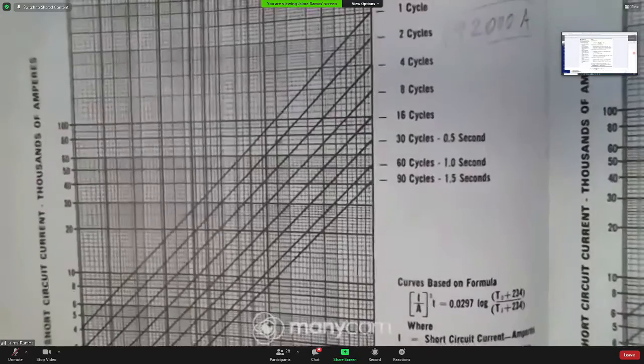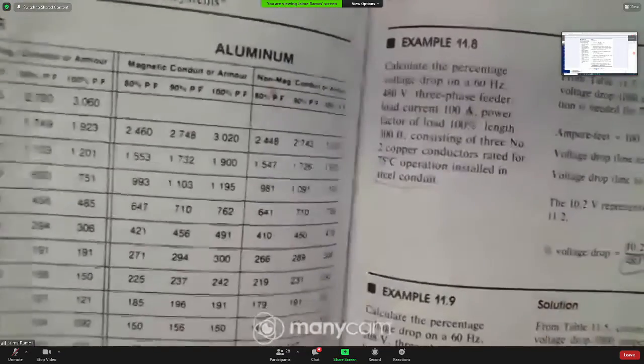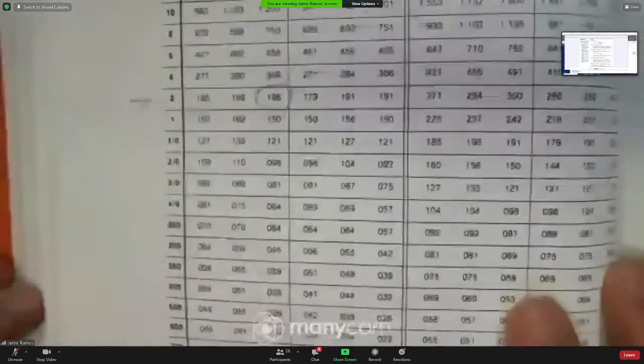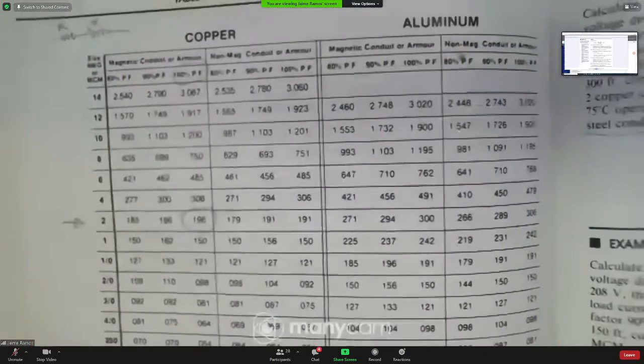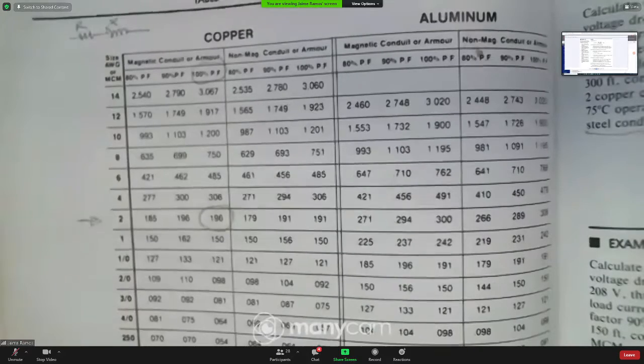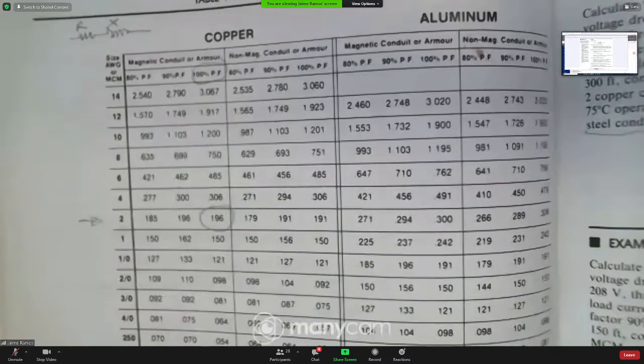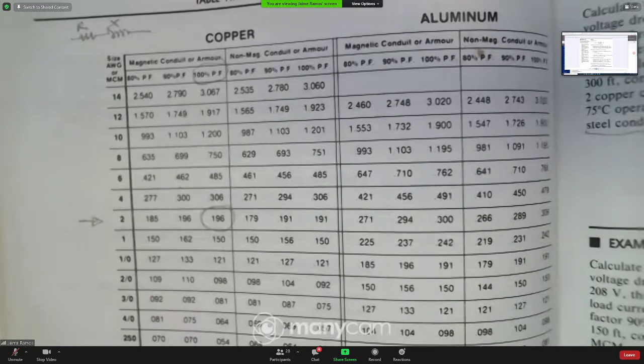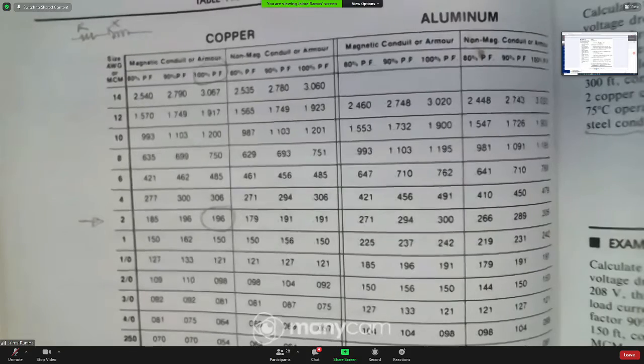Next, voltage drop, C. For voltage drop, you need to use this table. So we need to calculate ampere-feet. First, the maximum allowable voltage drop is 2% of 277.